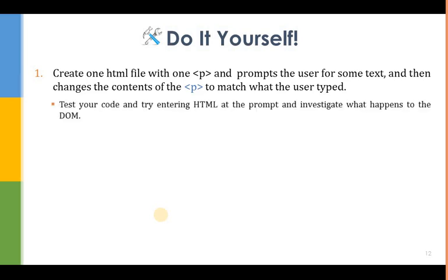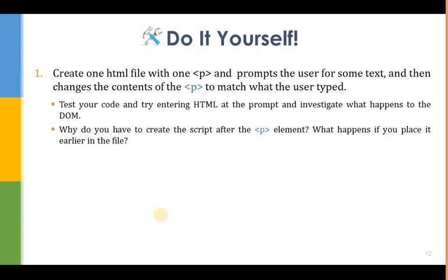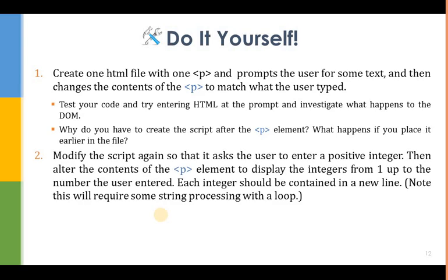Now try your code entering HTML at the prompt and investigate what happens to the DOM. Now you have to do one try and catch, try and solve. What happens if you create the script after the paragraph tag, and what happens if you place the code earlier in the file, that means above the paragraph tag? Just see that. This is your task. Okay, I hope you will do it.